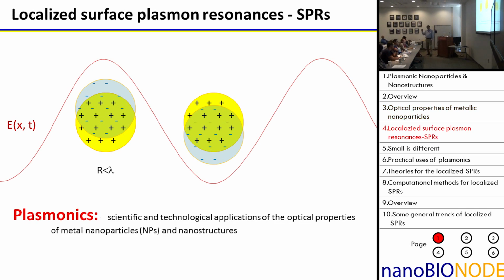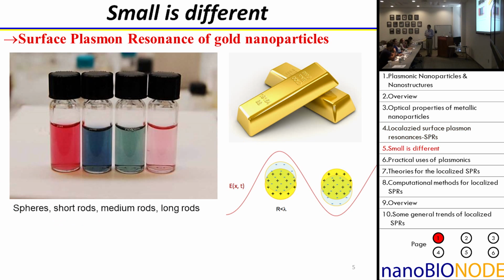So plasmonics in general is a field in science and technology where we are interested in fundamental understanding of these types of interactions, and also practical uses of plasmonics in different types of technologies.